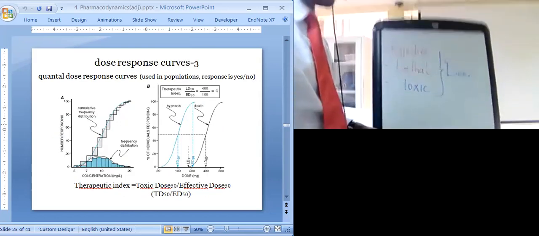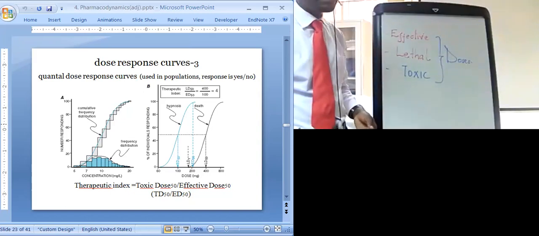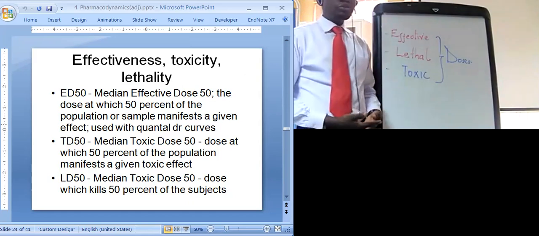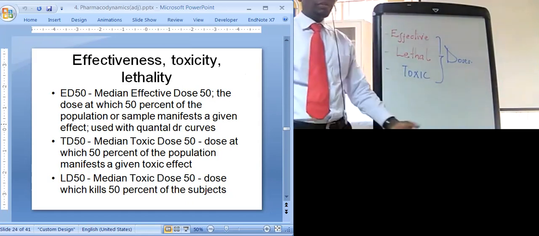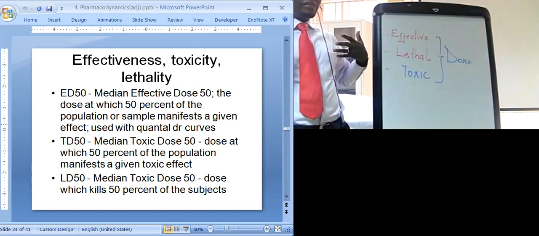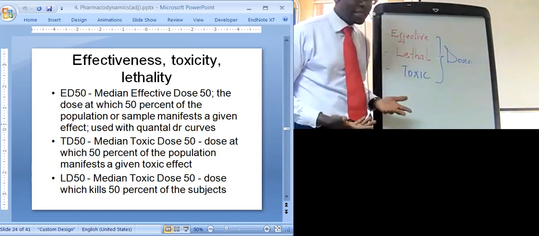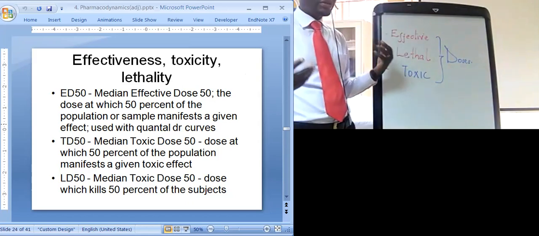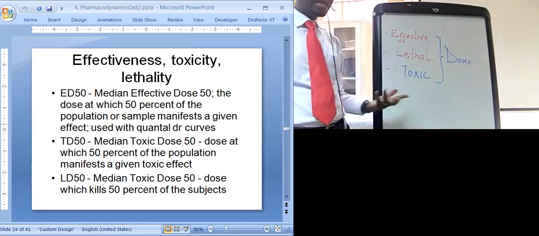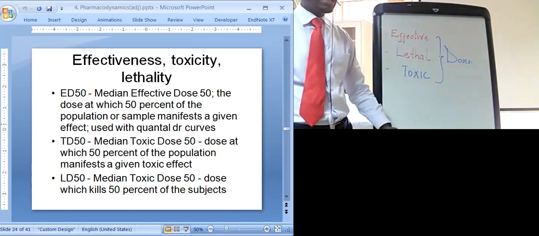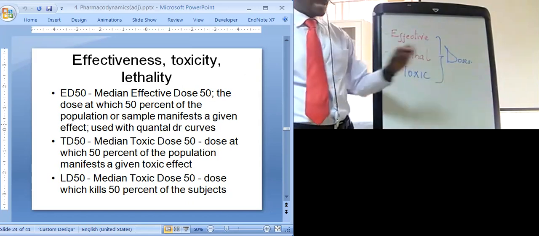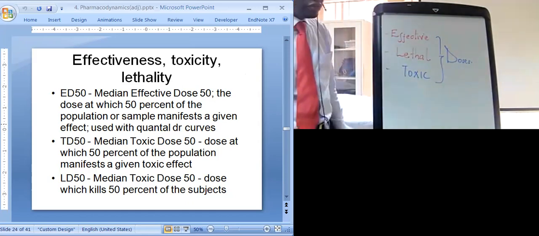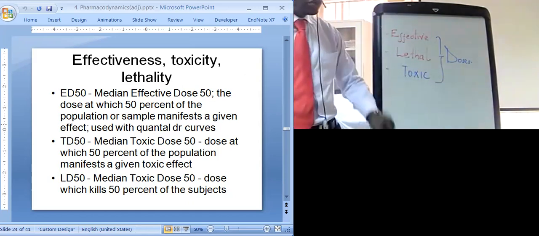We are saying that the effective dose is the dose you give in 50% of the population, and it works. It takes away the problem that you have, if it is a pain or an infection. So how much you should give in 50% of the population, that is what we refer to as the effective dose.